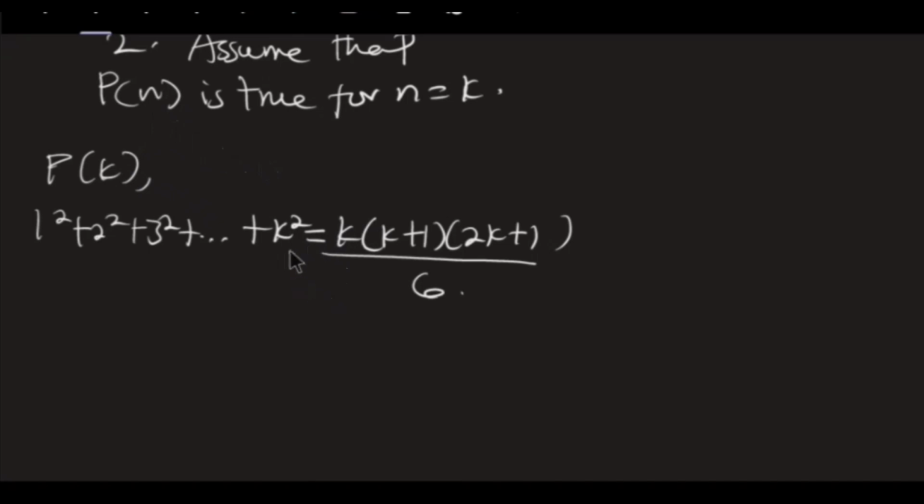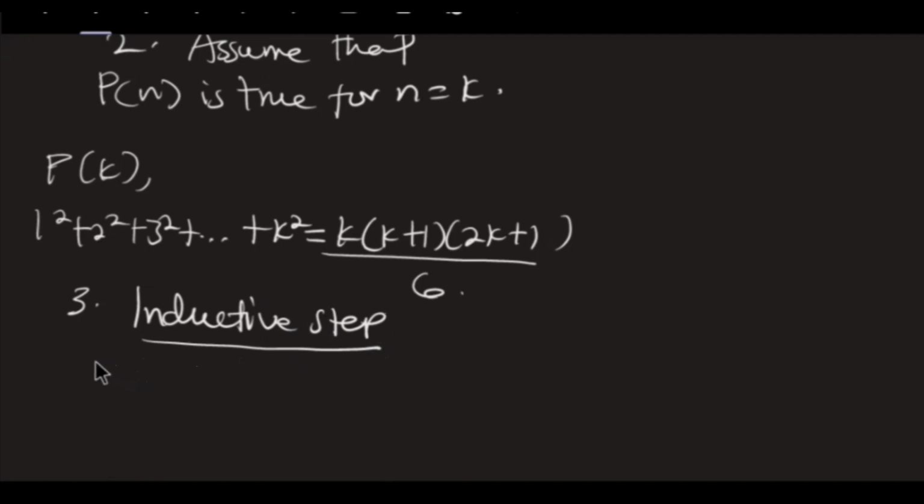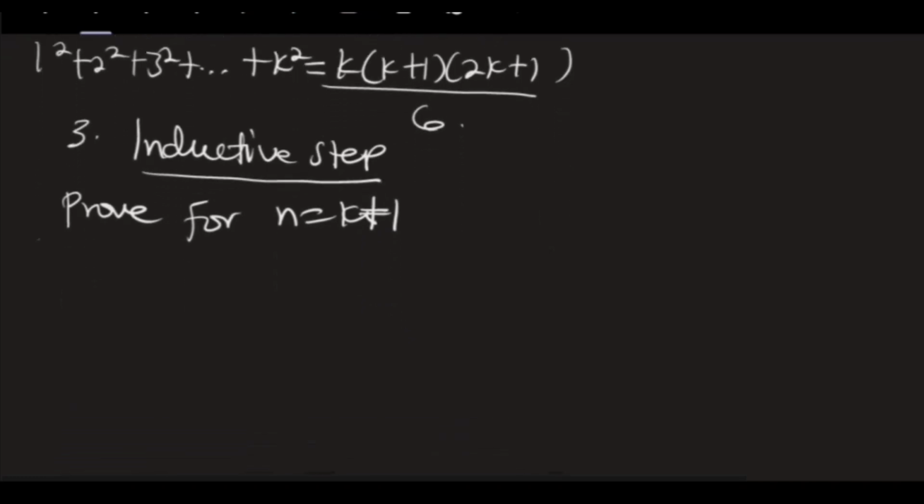So P of k is true, that is, the statement is true for n equals k. That is an assumption. From here we move to the third step, which is the inductive step. For the inductive step, we have to prove that the statement is true for n equals k plus 1.